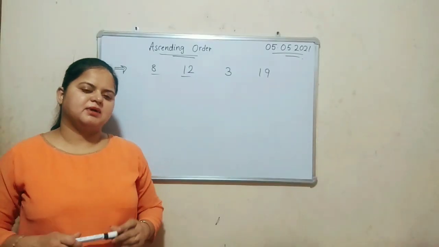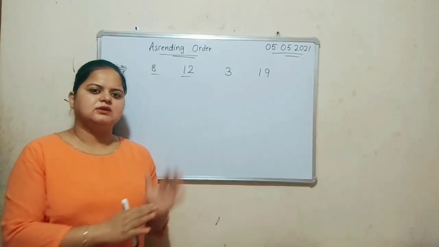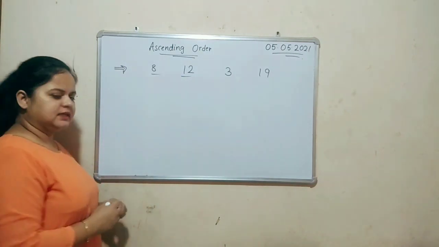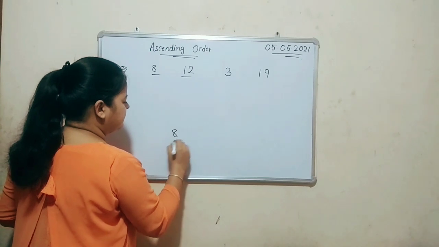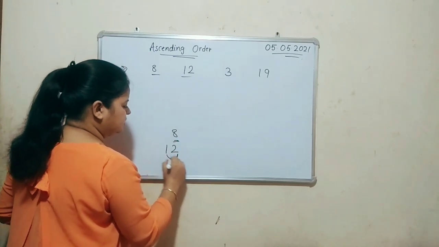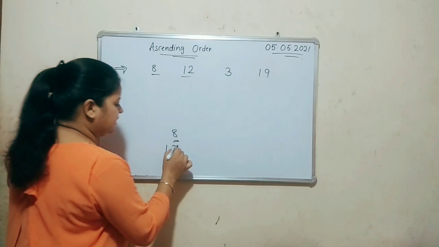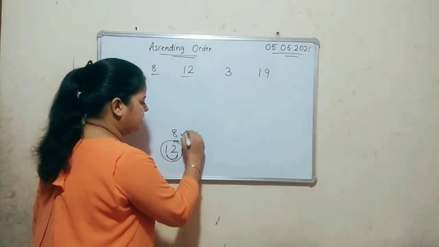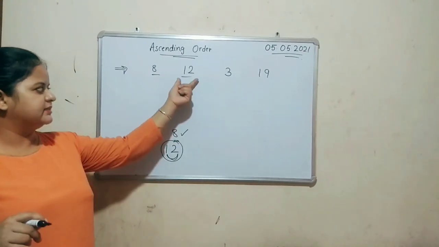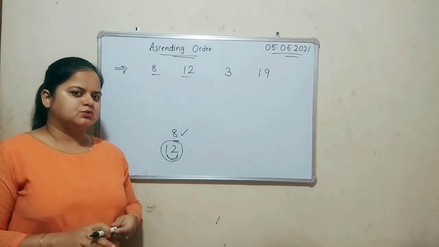And a 1-digit number is always smaller than a 2-digit number. Right? 8 is a 1-digit number and 12 is a 2-digit number, and a 2-digit number is always greater than a 1-digit number. So 12 is greater and 8 is smaller.